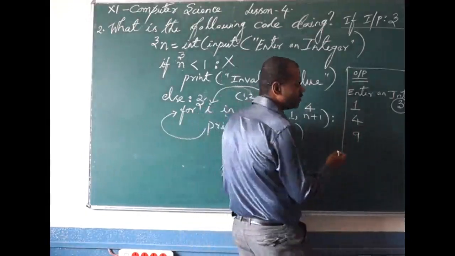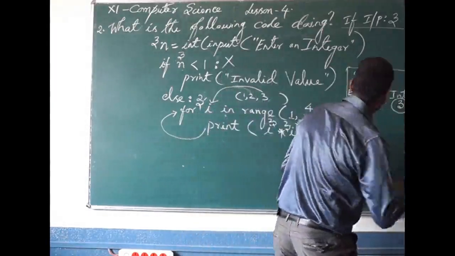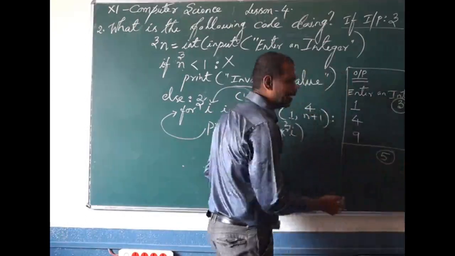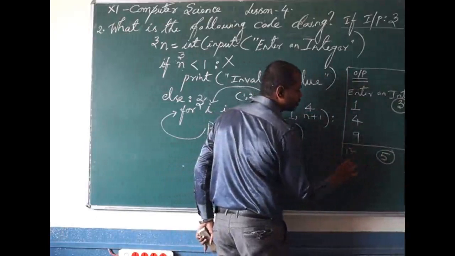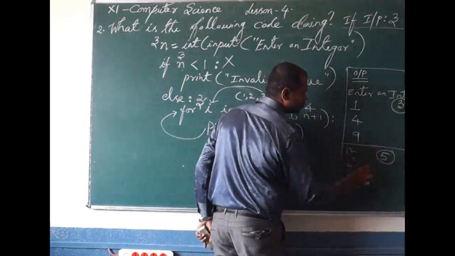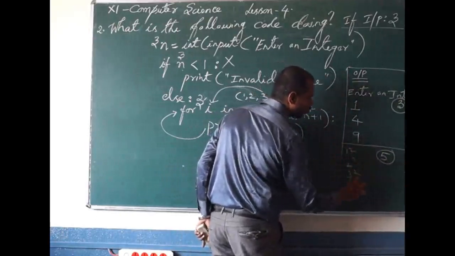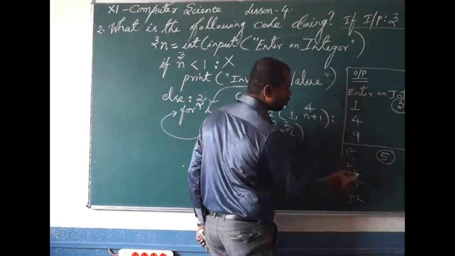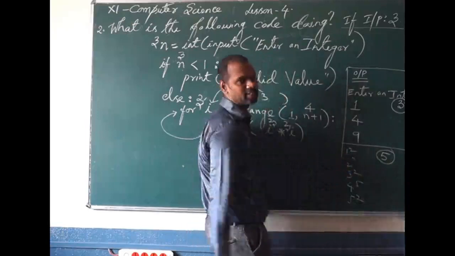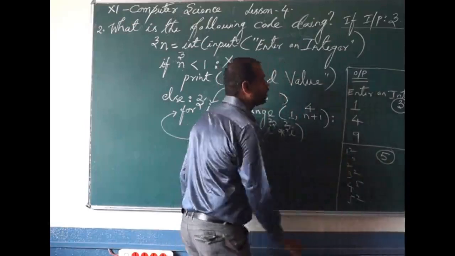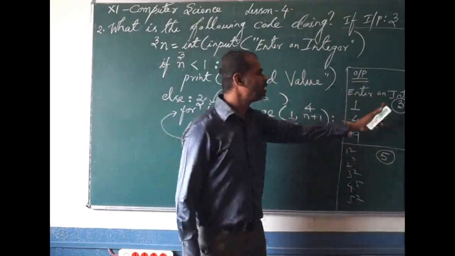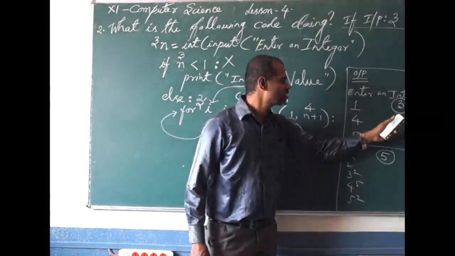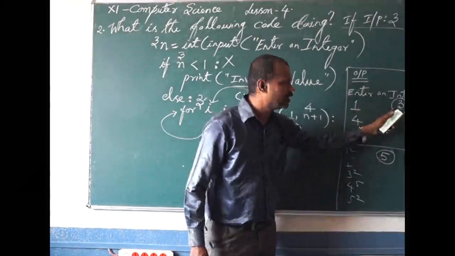Suppose I give the value 5, it will print 1 square, 2 square, 3 square, 4 square and 5 square. Am I right? That means 1, 4, 9, 16 and 25. So whatever your number is, it will print the squares of the numbers from 1 square up to n square.